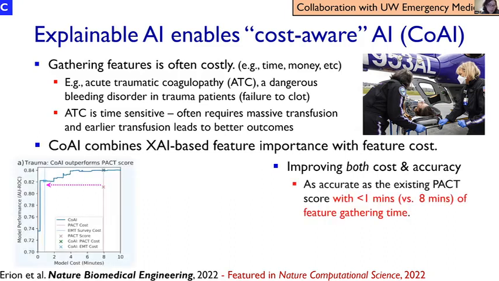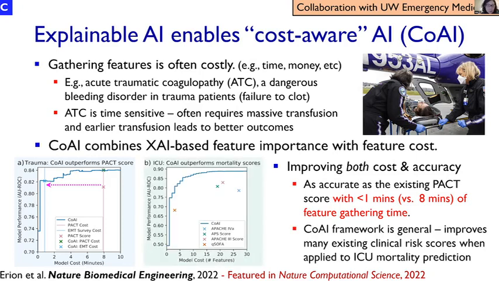Our result is something like this. On the x-axis, you have the model budget, and within the budget, you can measure the model's prediction performance. The Co-AI method is better than many other alternatives, and one of them is the PEC score, the existing clinical score. In terms of accuracy, the PEC score is similar to Co-AI only when the model cost is much lower. This approach is also applicable to other medical problems.